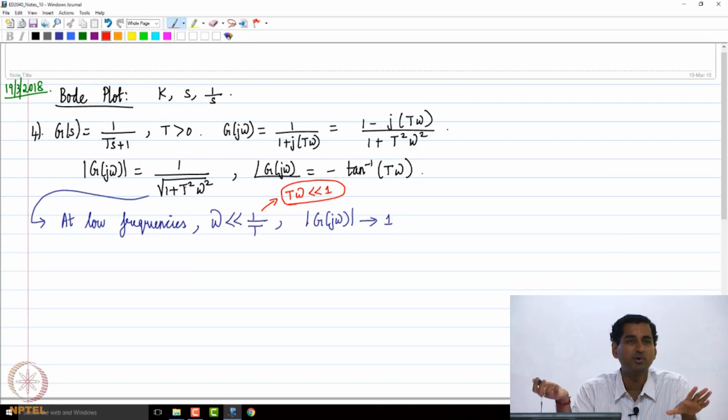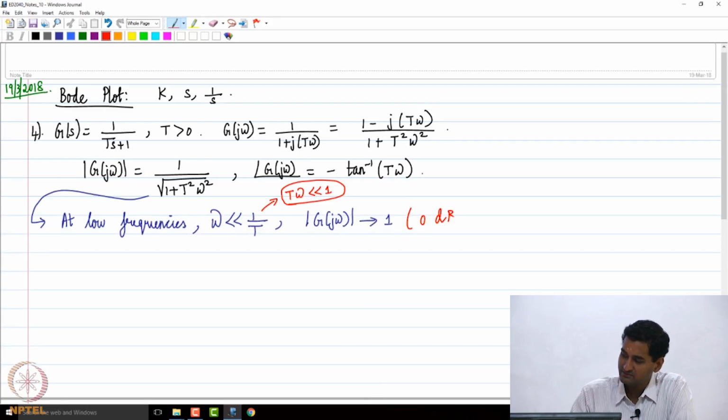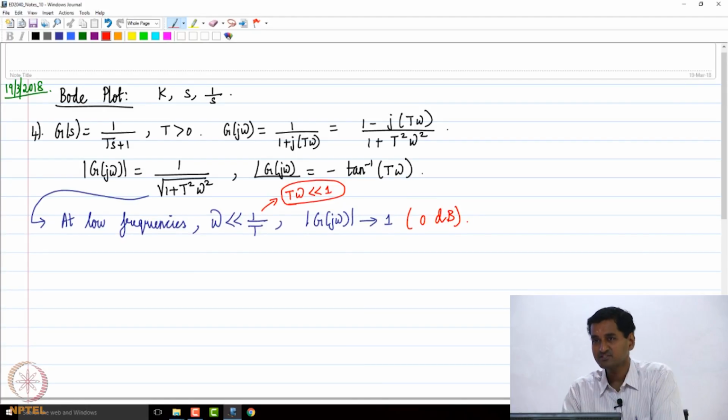Let's say T omega is 0.01. T squared omega squared becomes 10 power minus 4. So 1 plus 10 power minus 4, I can approximate as 1 itself. So the magnitude is going to tend to 1, or equivalently, in decibel units, 0 decibels. Do you agree?